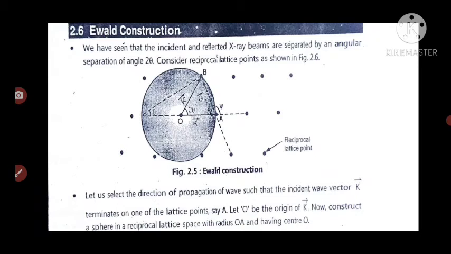If you see in this figure, k prime bar is also a wave vector, and g bar is called the reciprocal lattice vector, and this dot is considered a reciprocal lattice point.